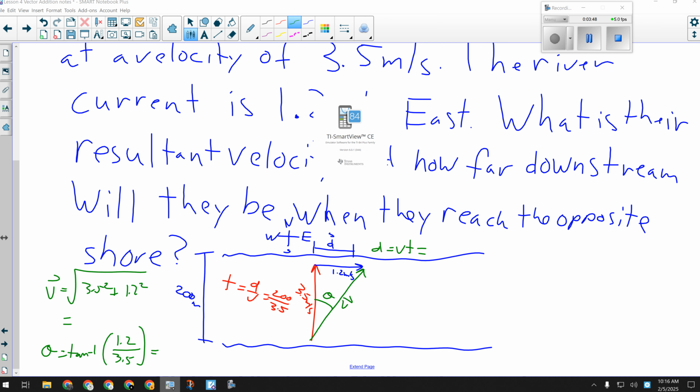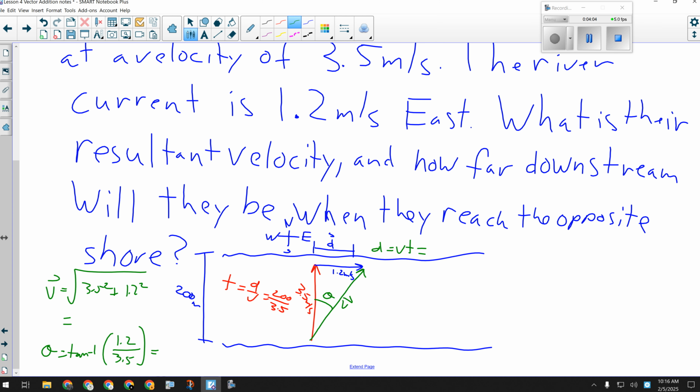So we got the square root of 3.5 squared plus 1.2 squared, so that's going to be 3.7 meters per second. And the angle is going to be inverse tan of 1.2 divided by 3.5, which gives us 19 degrees east of north.